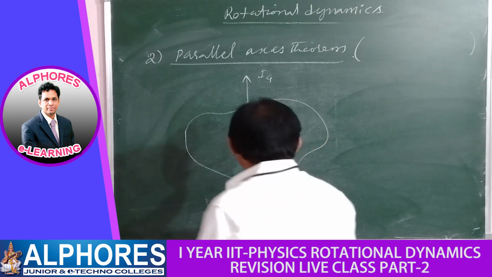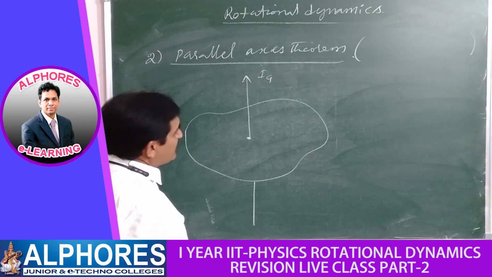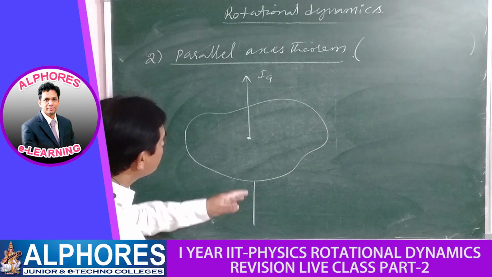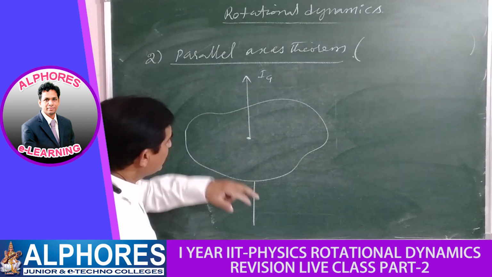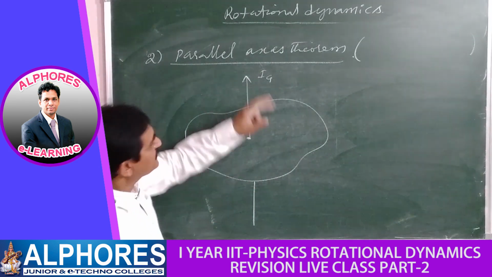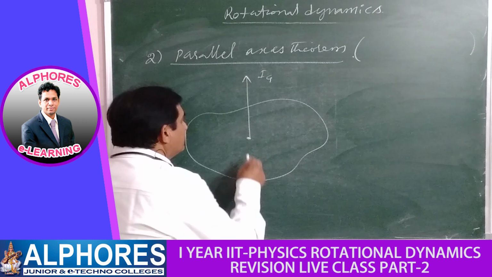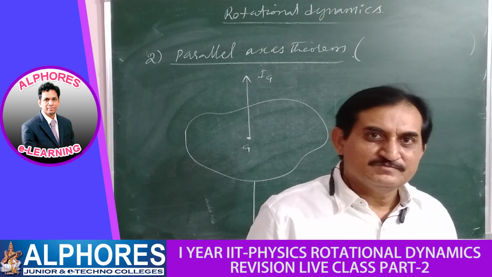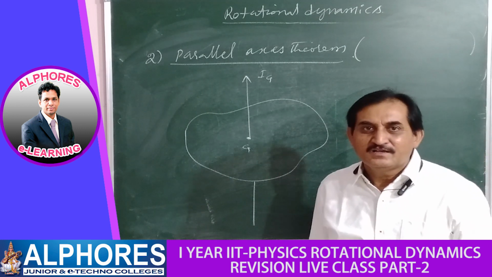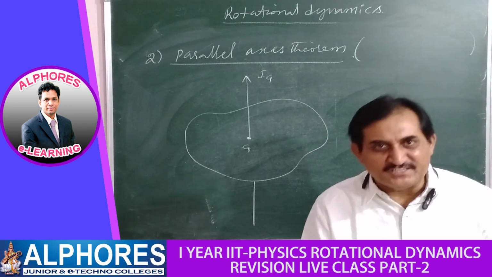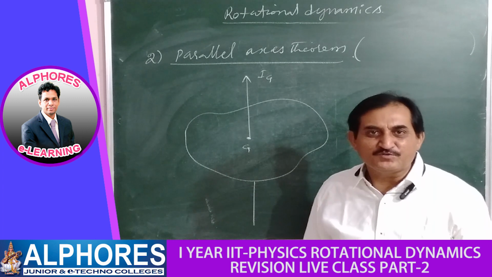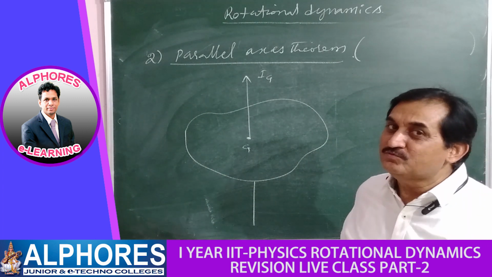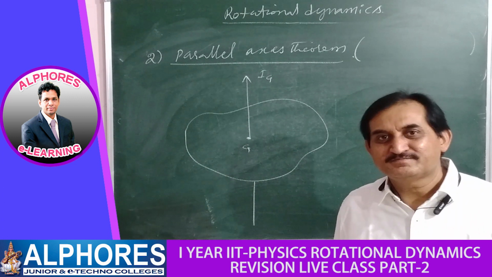Suppose this value is known. Then somebody asks a question: how do you find its moment of inertia about any other axis which is parallel to this axis?